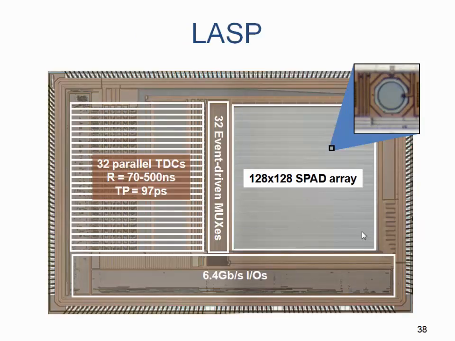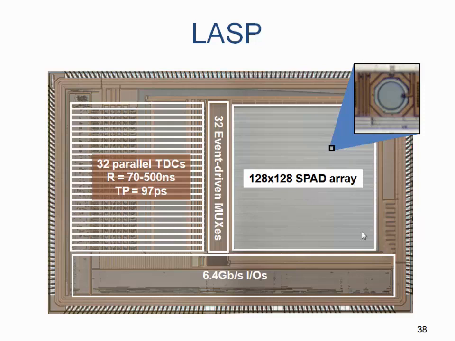This is a micrograph of the LASP chip with the 32 TDCs, which have a resolution of 97 picoseconds and a range that can be programmed from 70 to 500 nanoseconds.